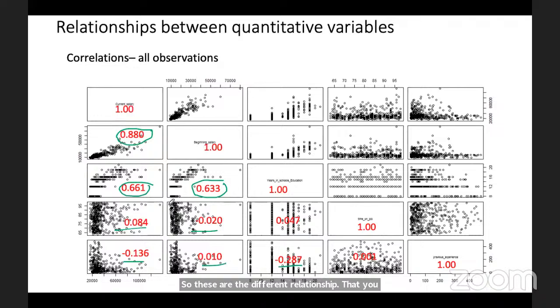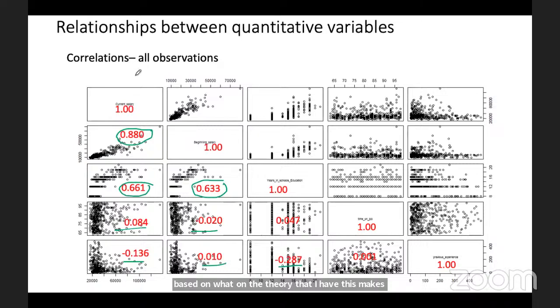Now, of course, you need to be able to understand. The first thing is you need to be able to interpret these values. What do they mean? And then from there, you should be able to say, well, this value means this, but based on my knowledge or the theory that I have, this makes sense or this doesn't make sense.